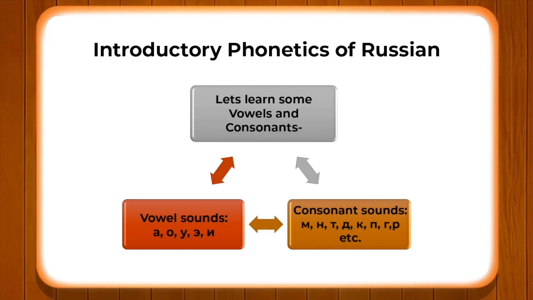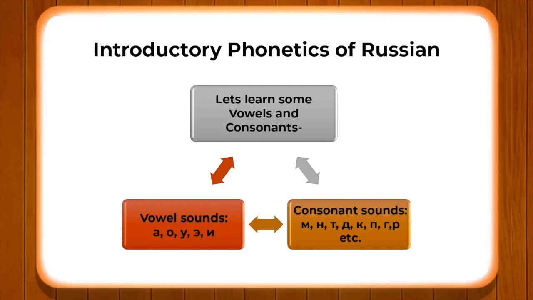We have certain examples, like in vowels a, o, u, e, whereas we have examples of consonant sounds like m, n, te, de, ka, pe, ge, er, etc.